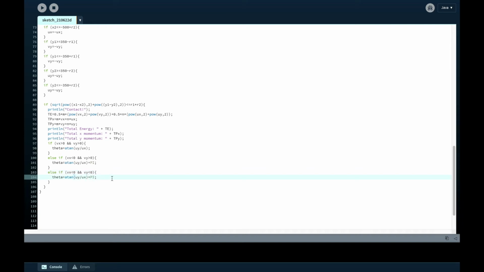So here now in the third quadrant, if the vector is directed towards the third quadrant, again, there's a problem. If the value I want is 230 degrees, Processing would give me something like minus 130 degrees. Wait.